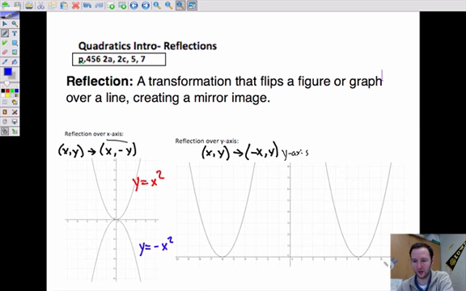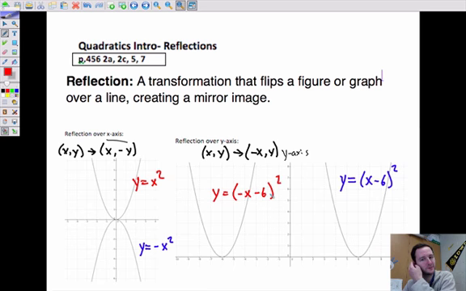So if we look at the point here that we had, our equation over here was y equals (x minus 6) squared. And if I'm taking this and reflecting it over here, none of my y's are changing, but my x's are becoming the opposite. So what this is going to be over here is y equals (negative x minus 6) squared.